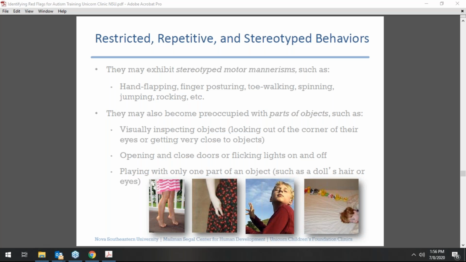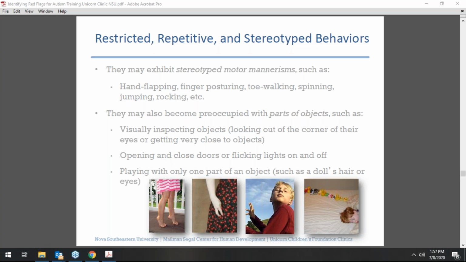When I've done evaluations and school observations, there might be a play kitchen area, and instead of cooking, they might just open and close the cabinet doors repetitively, over and over again, instead of pretending to cook. They might be very specific and repetitive in the way they play with things, even though there might be other things inside to play with.